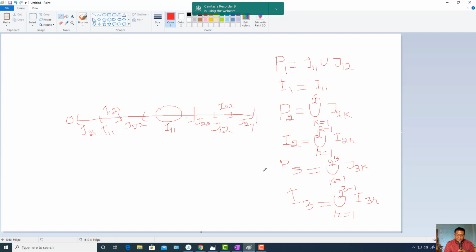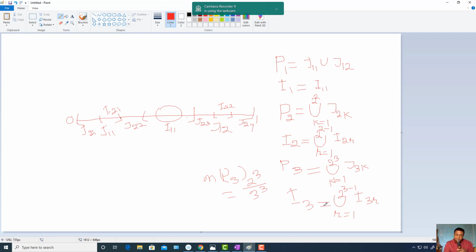So then what is the total length, that is, the measure of P3? Each interval has 1 by 27, and 8 intervals means 2 to the power 3 divided by 3 to the power 3. This is the measure of P3.